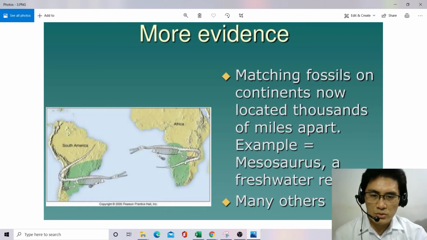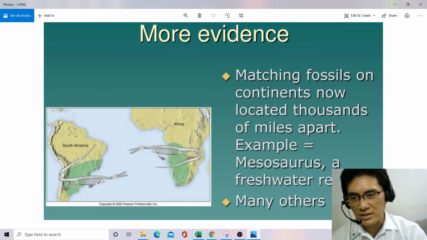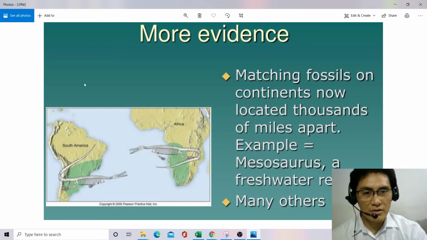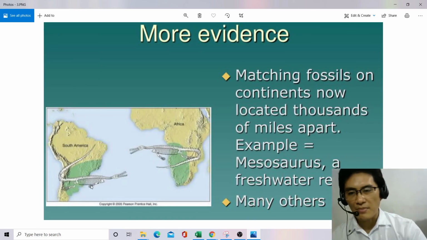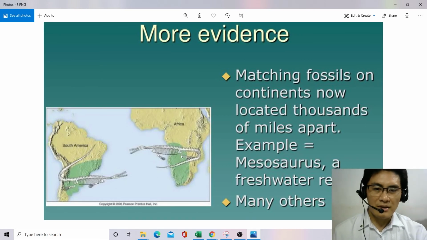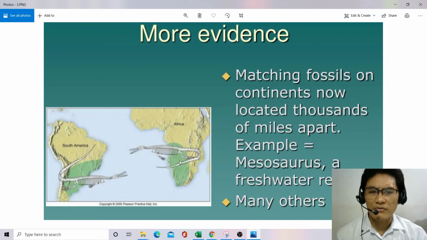And if it had indeed swum across the ocean, then we would find these fossils on the northern tip of South America and all other continents. But the fact that you can only see the fossils in the southern tip of South America and the southern tip of Africa gives kind of a hint. And by the way, maybe you're also wondering how the scientists would know that it's a freshwater reptile.